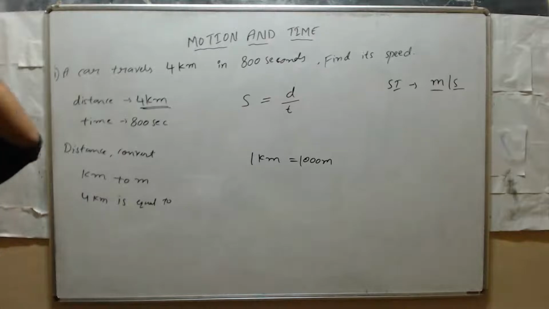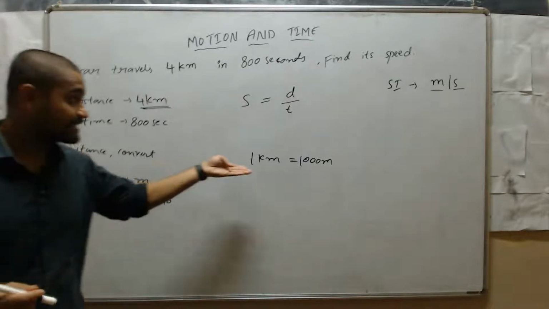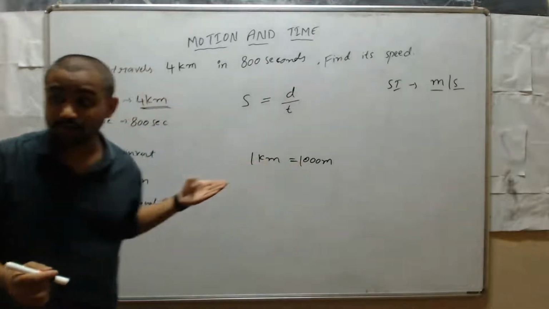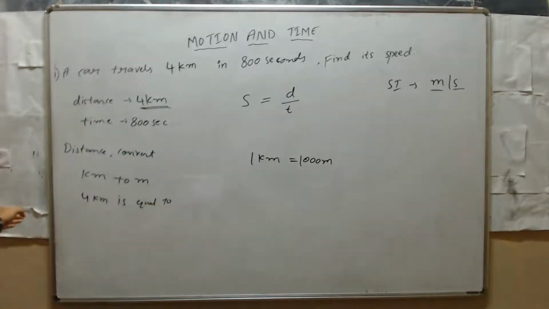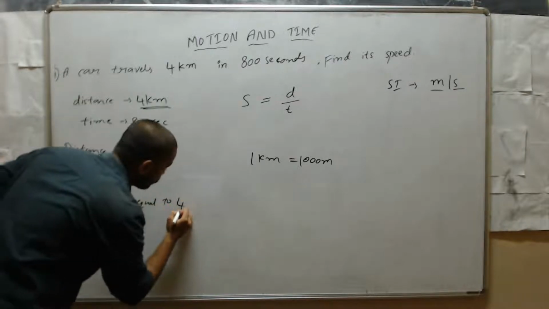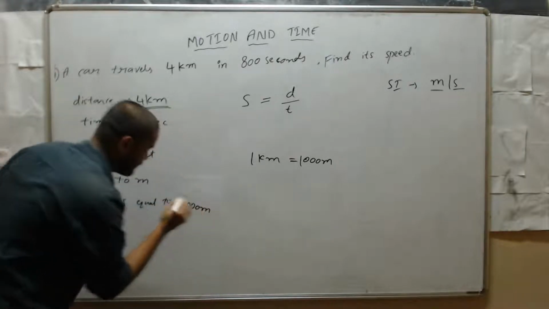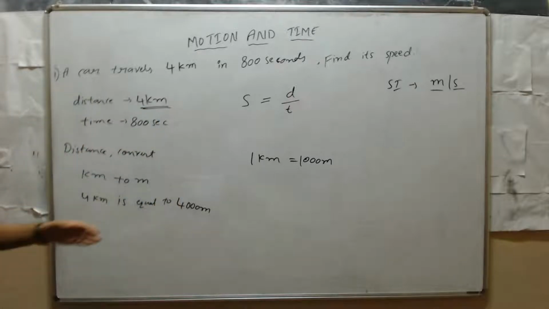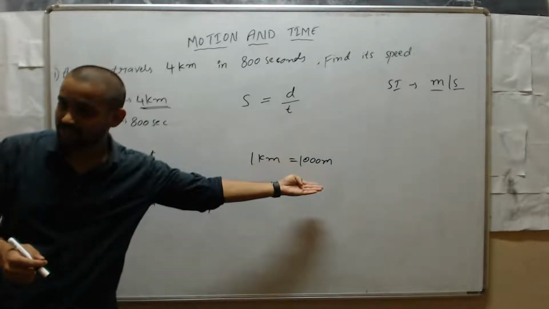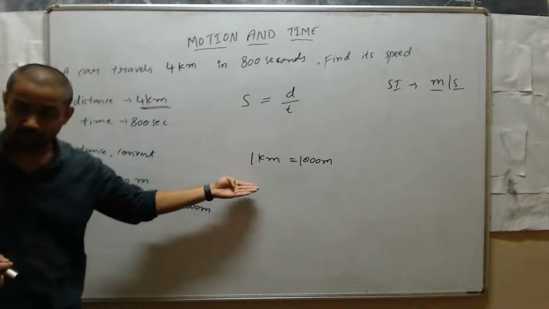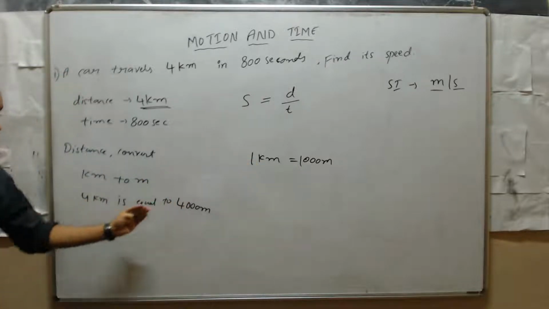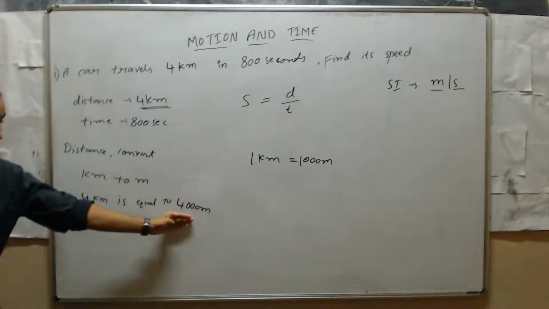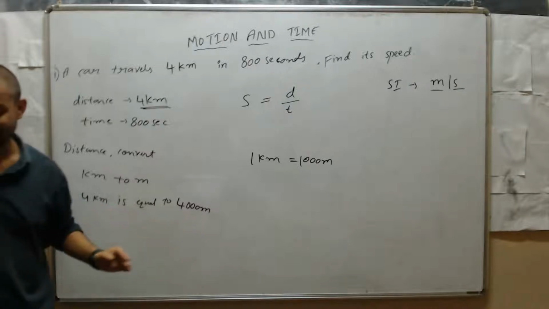What about 4 kilometers? Yes, that is 4000 meters, students. We know 1 kilometer is equal to 1000 meters, so if it is 4 kilometers, then the distance will be 4000 meters.